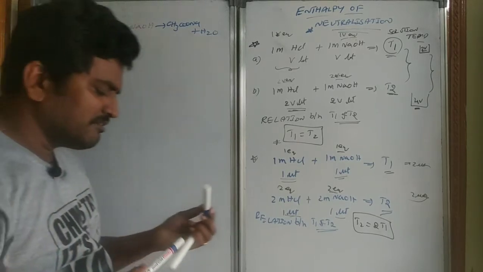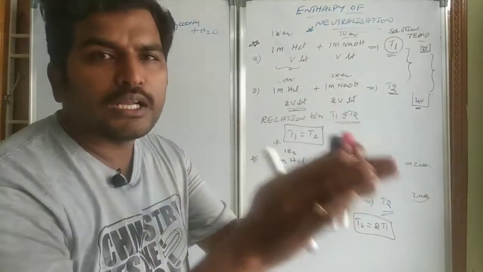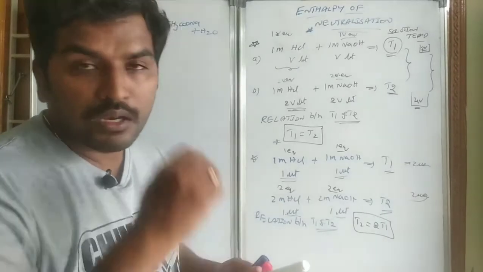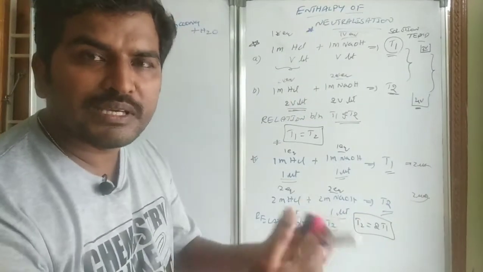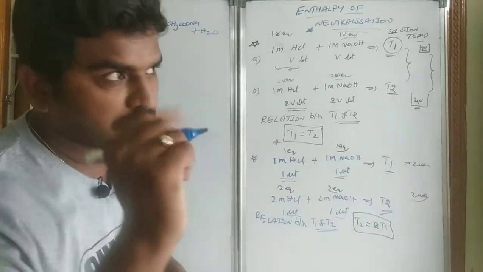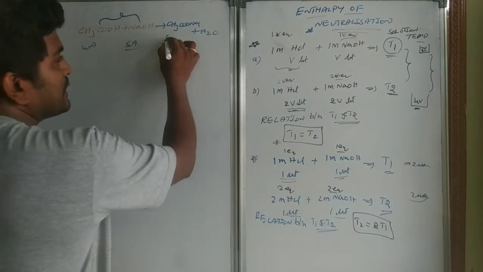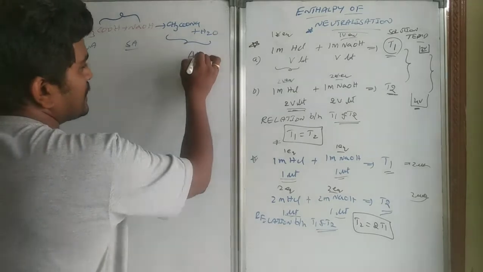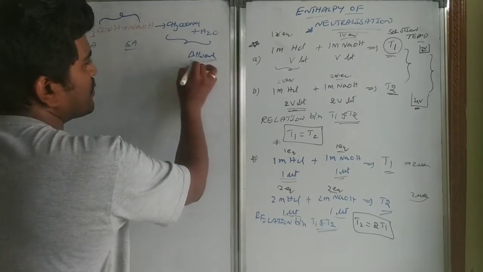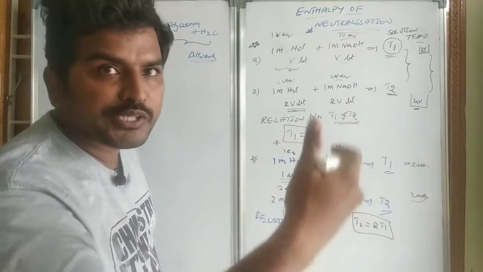The problem with weak acids is they don't undergo complete dissociation, but once you raise the temperature they undergo dissociation. So whenever the acid and base are reacting, they form salt and water. That time they will give some amount of heat.